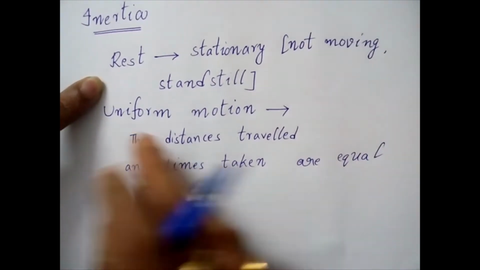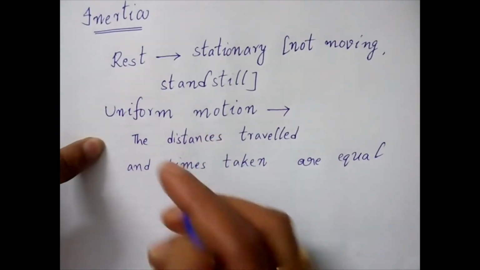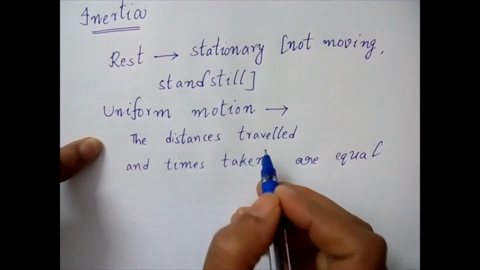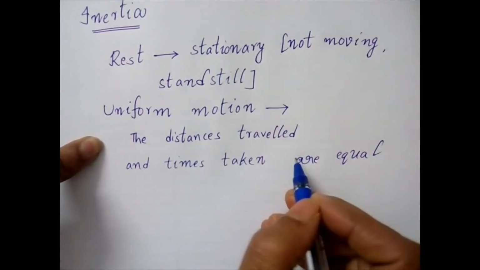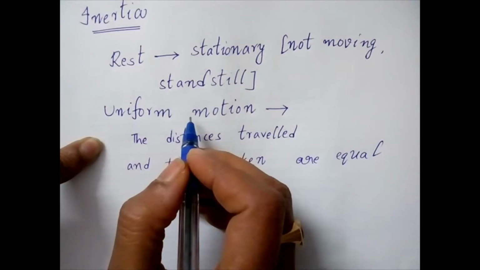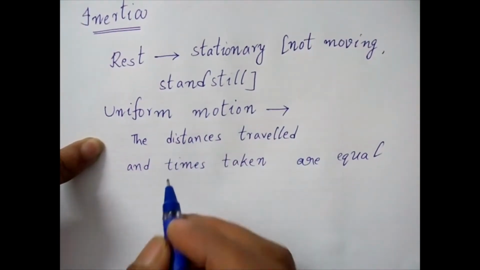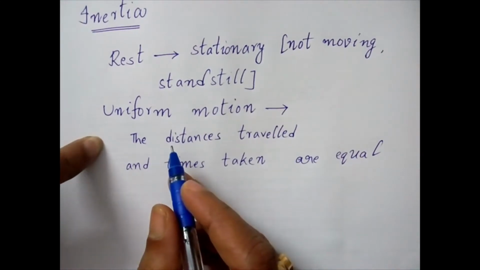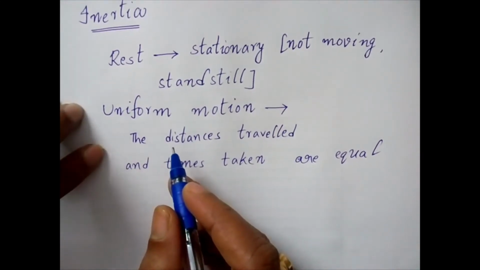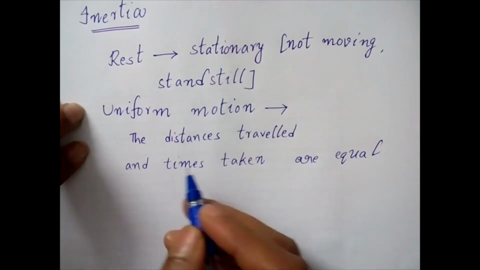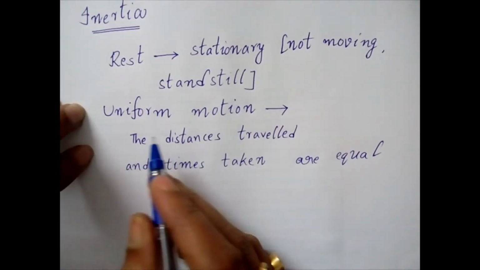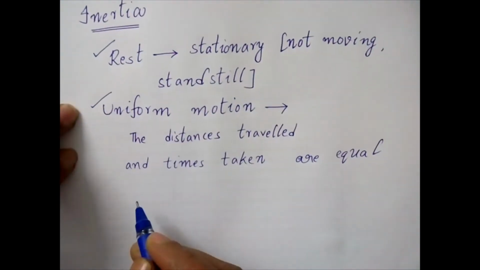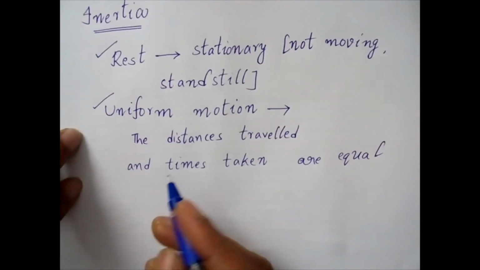The definition of uniform motion is when the object is traveling equal distances in equal intervals of time, we say the object is in uniform motion. If displacements, the same thing is applicable. Uniform motion means the object is traveling equal displacements in equal time intervals. Now about rest and uniform motion, I hope all of you understood.